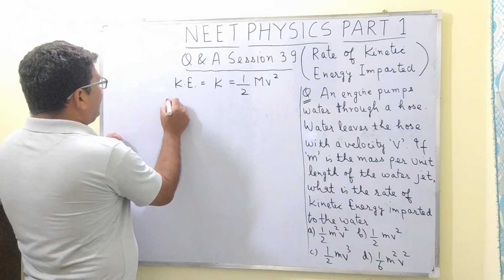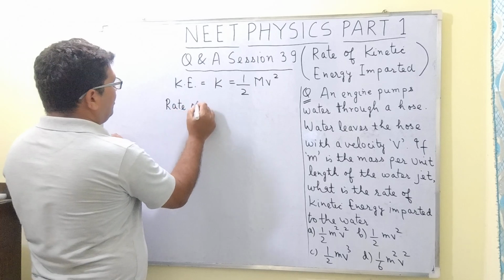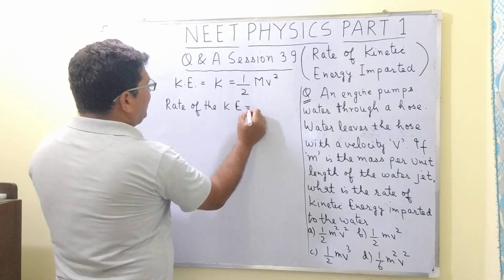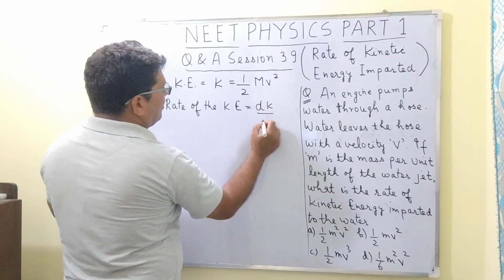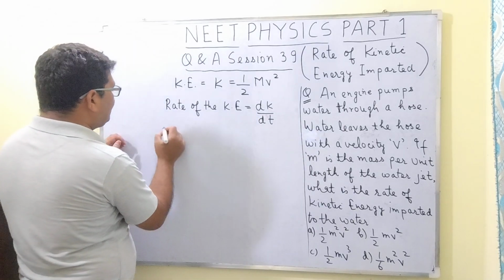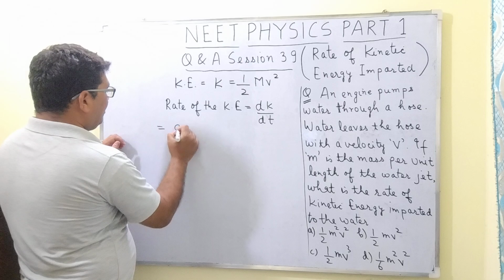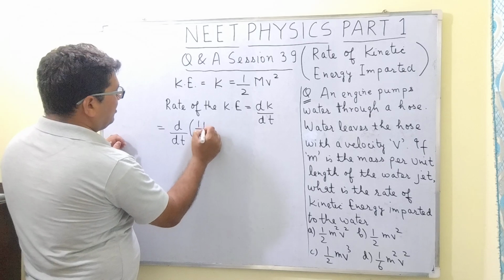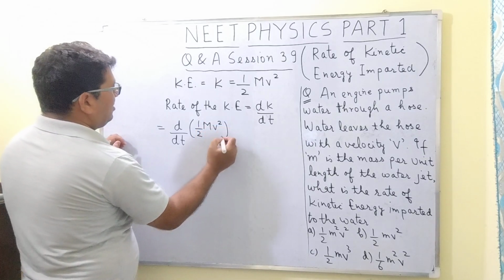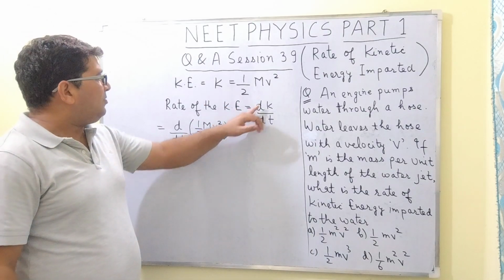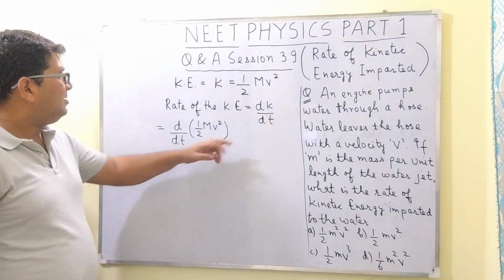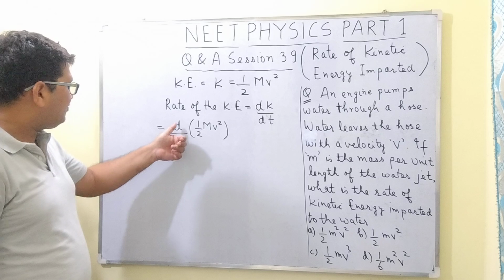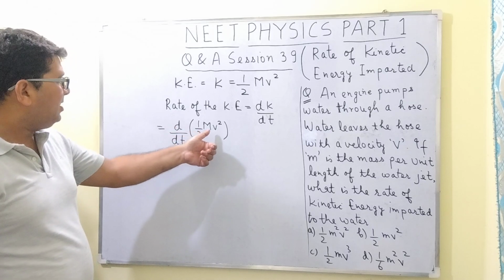So the rate of the kinetic energy will be equal to dK upon dt, and since K is equal to 1 by 2 mv square, this can be further written as d upon dt of 1 by 2 mv square.